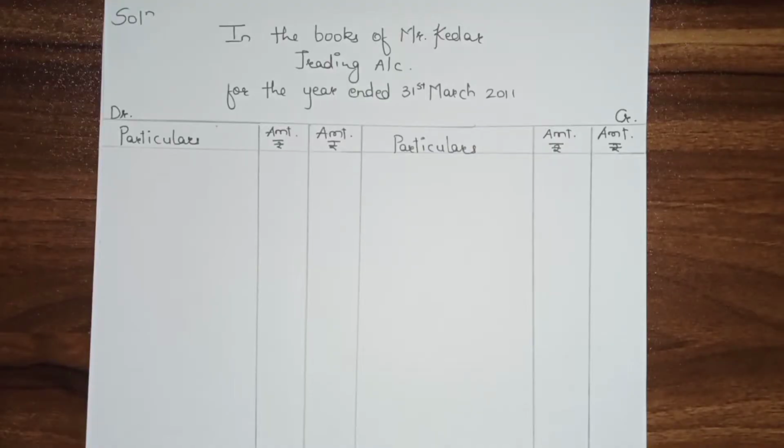So this is the format of trading account. This is the very first account you have to prepare while solving a final account question. We are going to learn about one more account and one financial statement in my next upcoming videos.